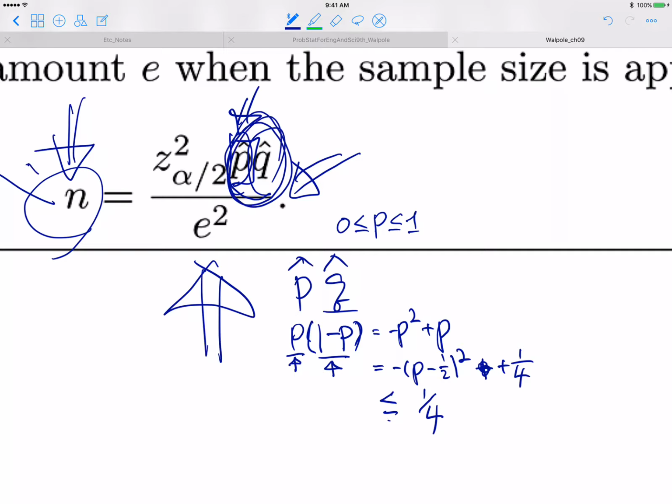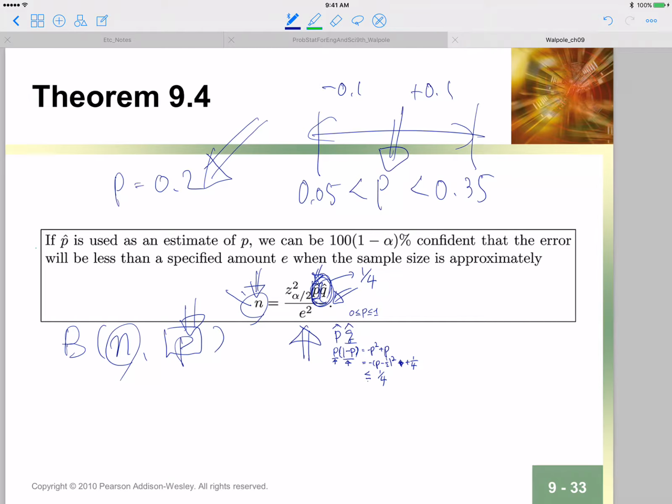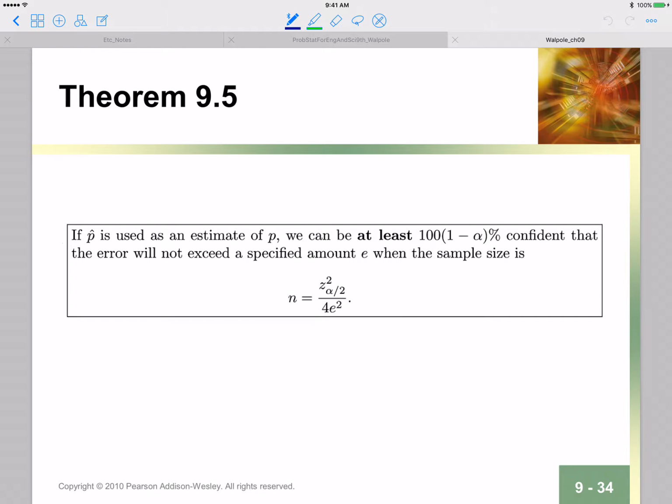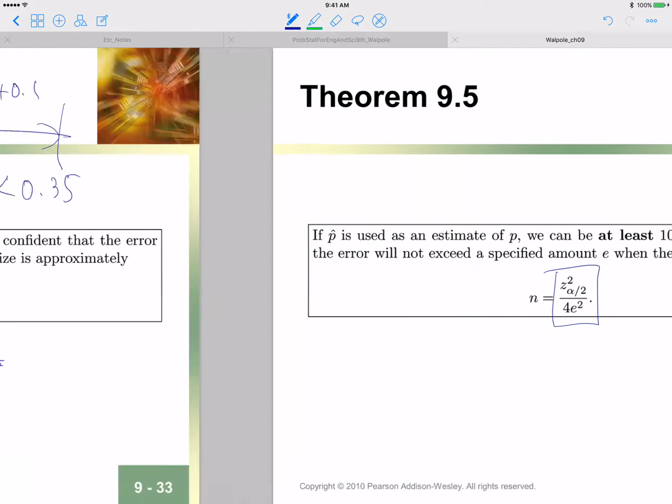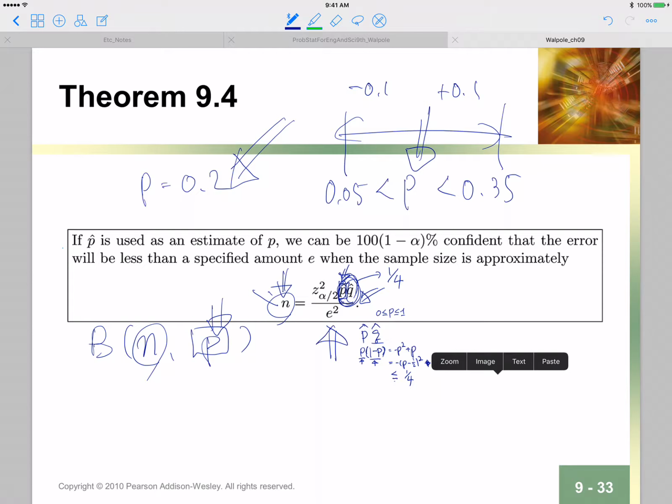So we can replace this term by its maximum value, 1/4, because that is the worst case. By considering the worst case, the required number of samples changes into this form. So this equation is no longer dependent on the parameter p or p hat.